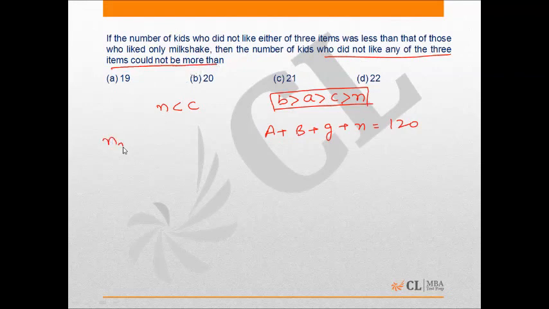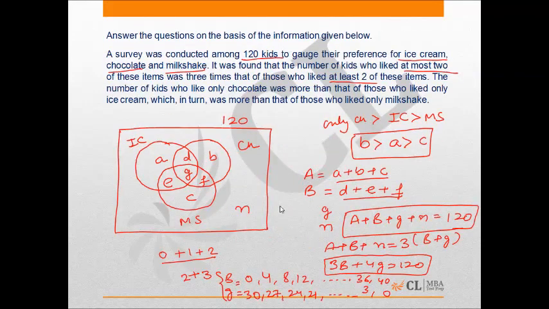It asks the maximum value of N. Okay, so to get the maximum value of N, what I will do, I will try to minimize the other three variables.